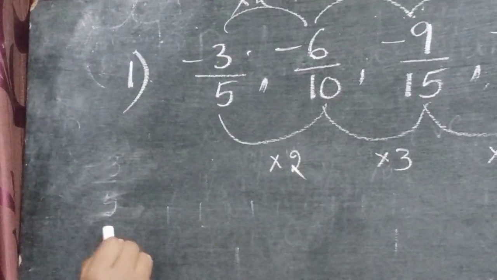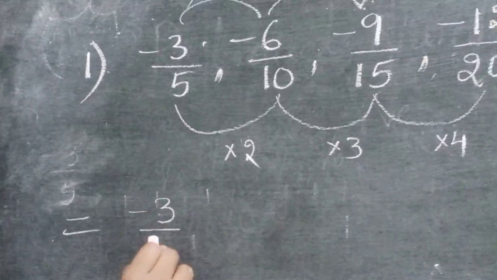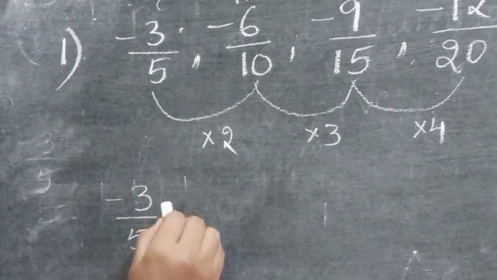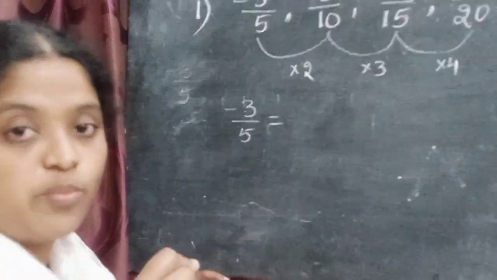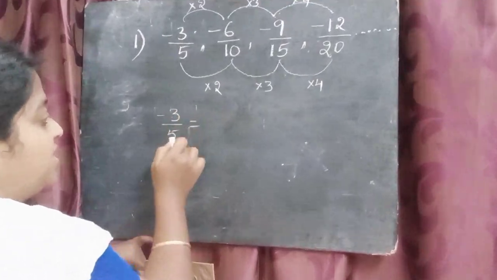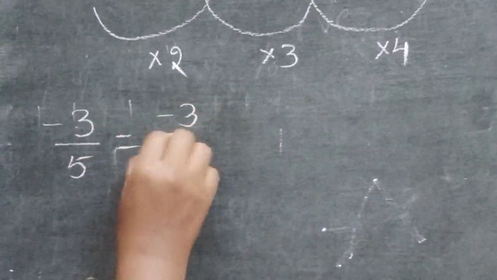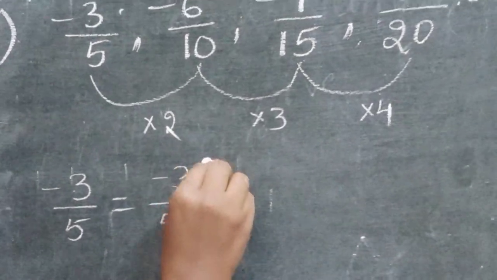Already I told you in the previous class, whatever the rational number may be, you should multiply the numerator and the denominator, both, with the same number. See here, -3/5. Here I am taking 2.